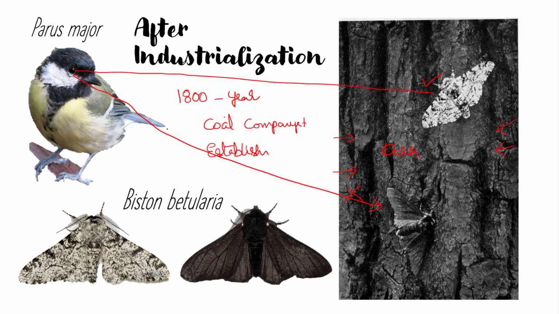In this situation, after industrialization, the dark colored pepper moth got an advantage in the natural selection process, whereas the previously naturally selected light colored pepper moth was at a disadvantage. There was an immense decrease in the population of the light colored moth due to continuous predation of the light colored pepper moth, over the dark colored pepper moth.